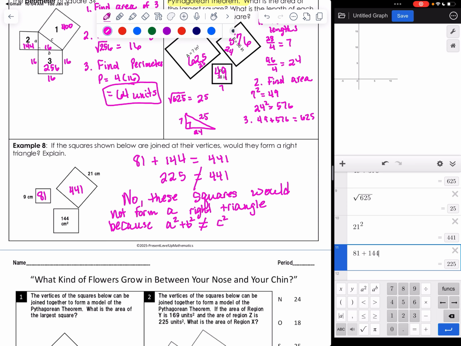And that concludes today's lesson using models to explain the Pythagorean theorem.